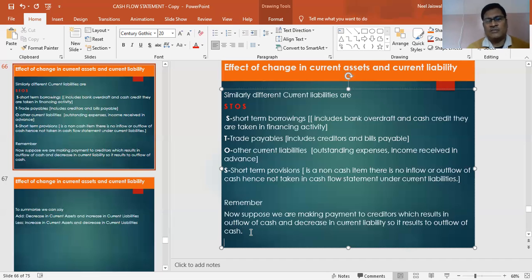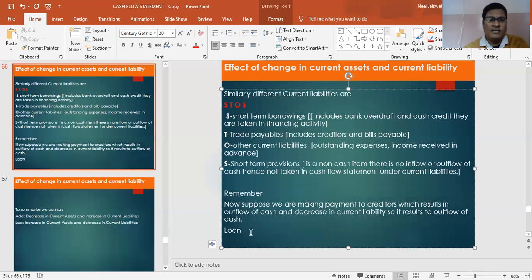Similarly, as I gave you the example, if a loan is taken, then inflow takes place. Hence we add.